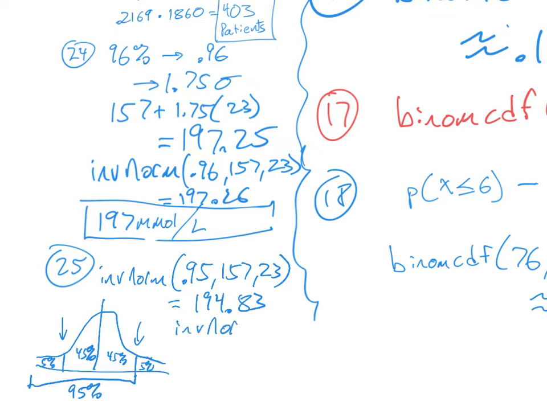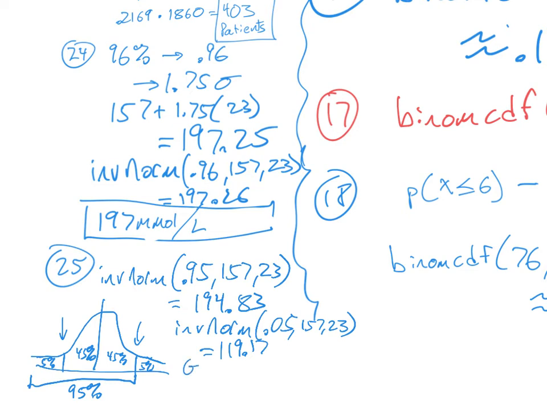Now I've got to find out what this level is here. So the inverse norm of 0.05, that's the 5% level. 5% of the area is to the left of that. Then 157 and 23. I'm going to make that 0.05, and that gives us a level of 119.17.